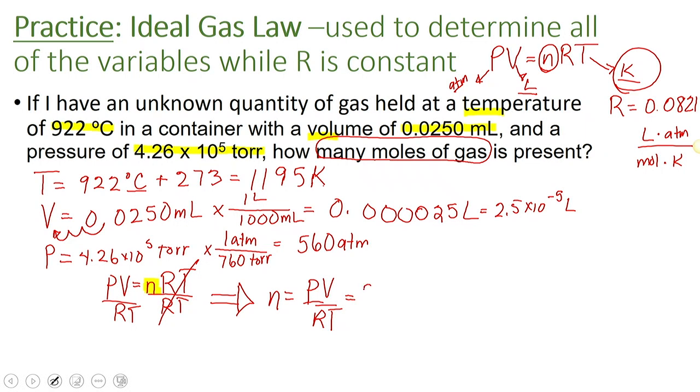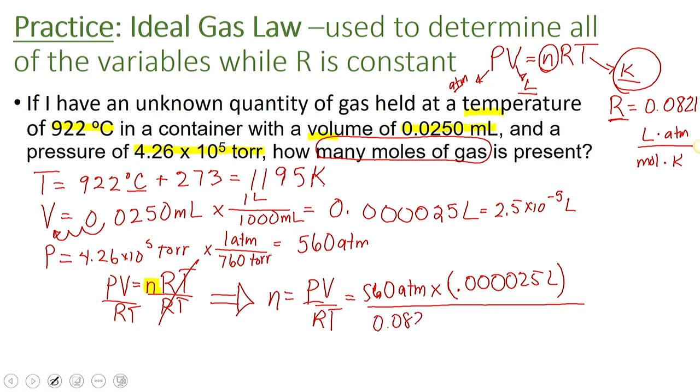So we've got 560 atmospheres times, what's our volume? For ease of putting into your calculator, I don't like putting in exponents in my calculator, 0.00025 liters divided by our R over here, which is 0.0821.